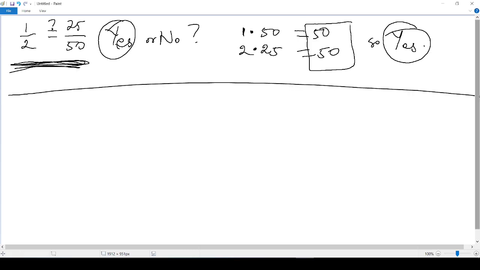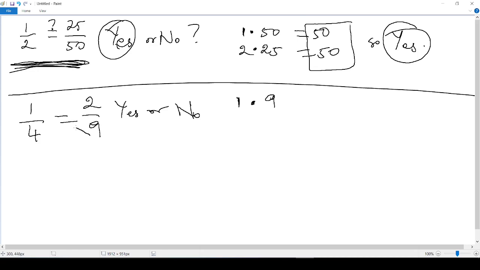Another example, 1/4. Is it equivalent to 2/9? Yes or no? We do the same thing. We take the numerator of the first fraction, which is 1. We multiply by the denominator of the second fraction, which is 9. Cross multiplication, right? And we have 1 times 9 is 9.